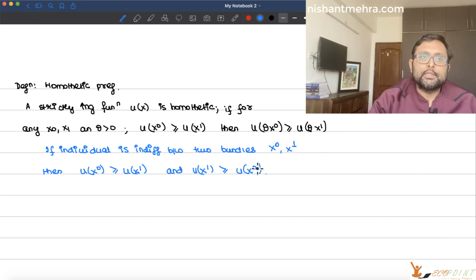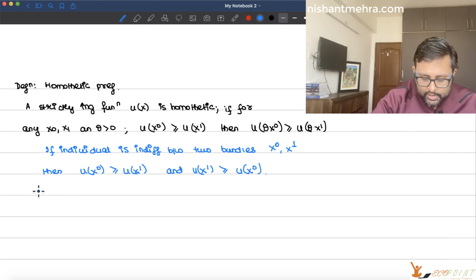I hope you know this. That is, if you are indifferent between x0 and x1, then the utility which you derive from x0 is equal to the utility which you derive from x1. So instead of straight away writing u(x0) is equal to u(x1), what you are writing is u(x0) is greater than or equal to u(x1), and at the same time u(x1) is greater than or equal to u(x0), which implies u(x0) is equal to u(x1).